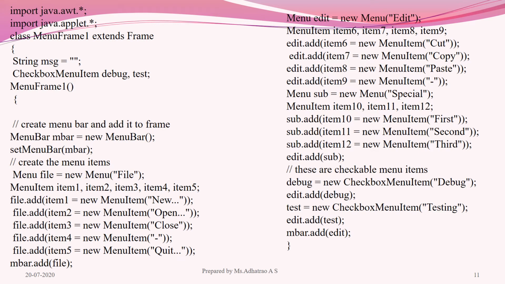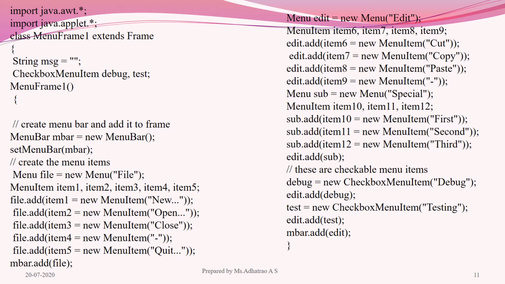See, I am creating menus by using a frame because a frame contains both a title bar and a menu bar. So I am going to use a frame for creating menus or menu bars. Here I am taking checkbox menu items Debug and Test. After creating the items, I am going to add them to my menu.